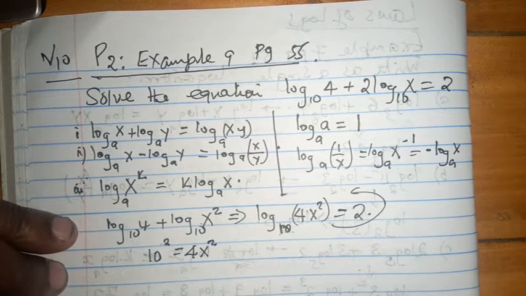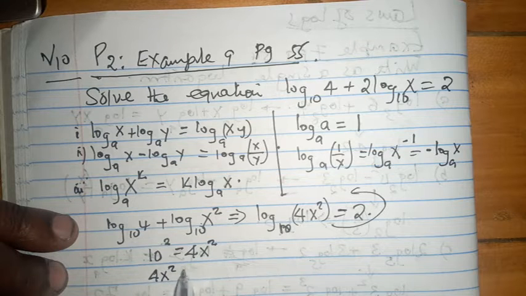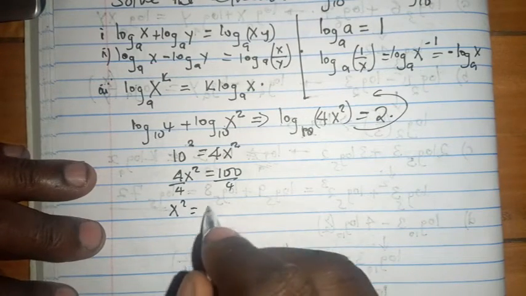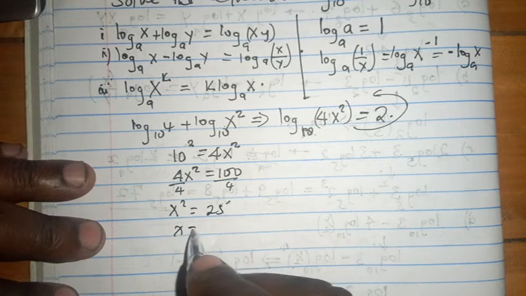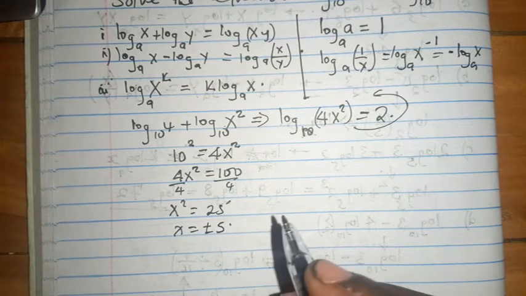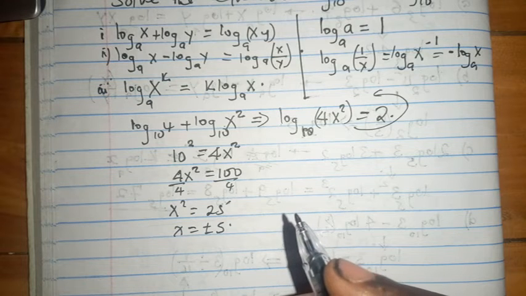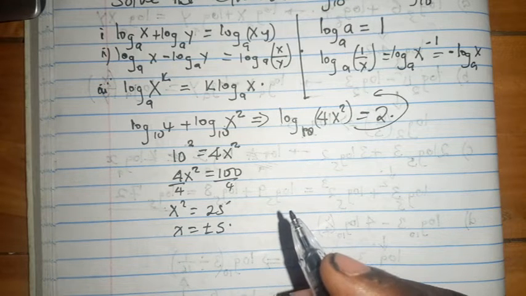And it goes without saying that 4x squared is equivalent to 100. Of course, divide by 4, and you realize that x squared is 25 and x is plus or minus 5.